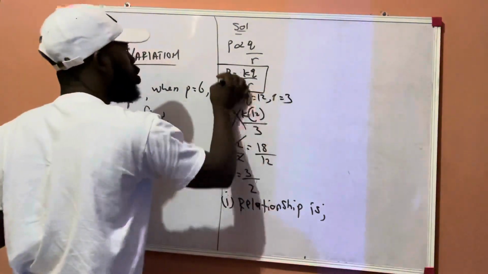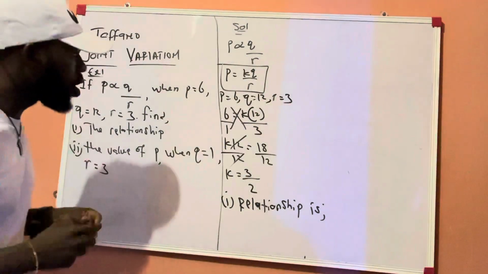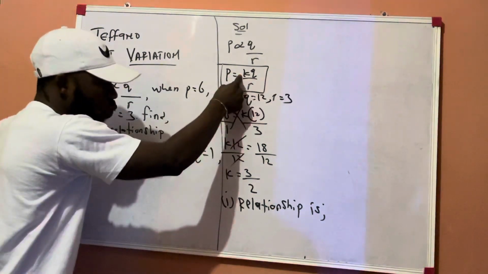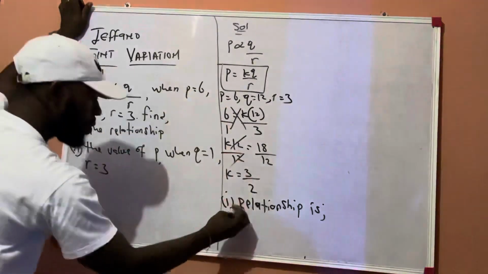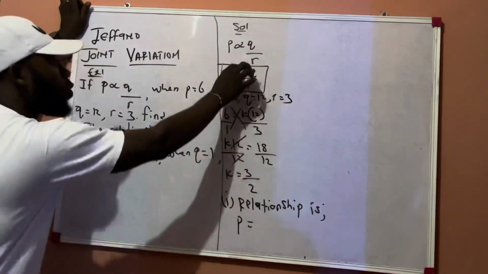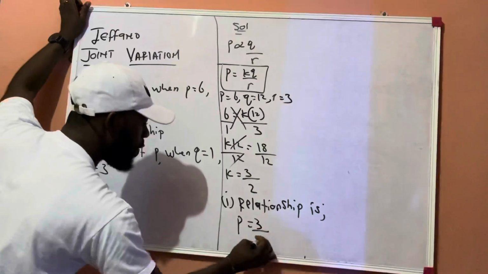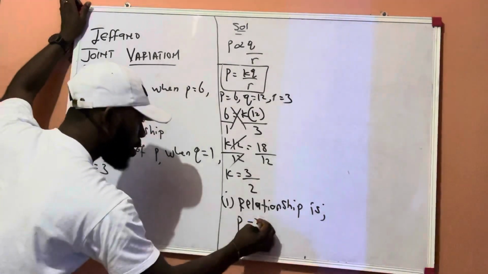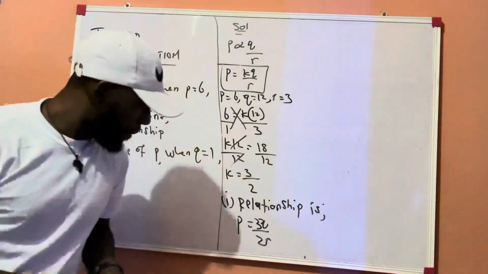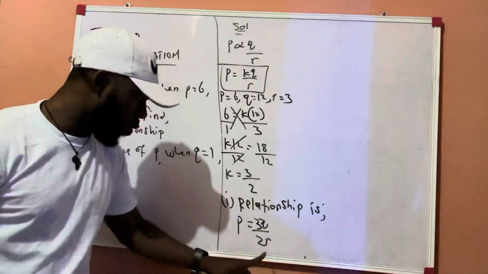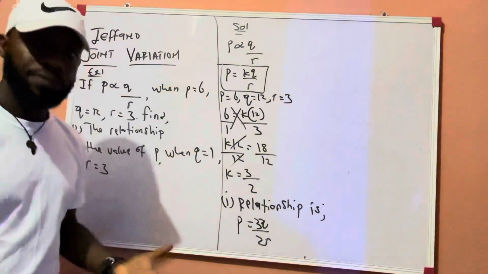The very position you introduced your constant. Anywhere I see K, I will put 3 over 2. So the answer becomes P is equal to 3 over 2, with Q on top and R down. So the answer becomes P equals 3Q over 2R, which is the relationship.